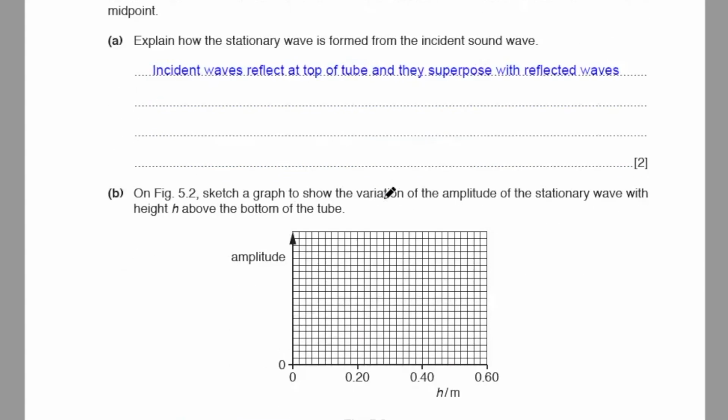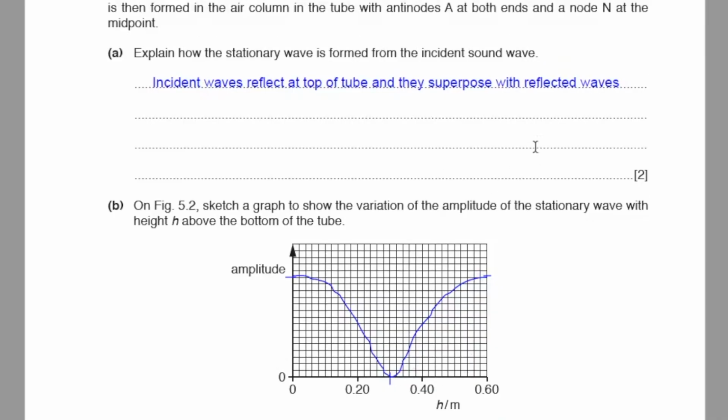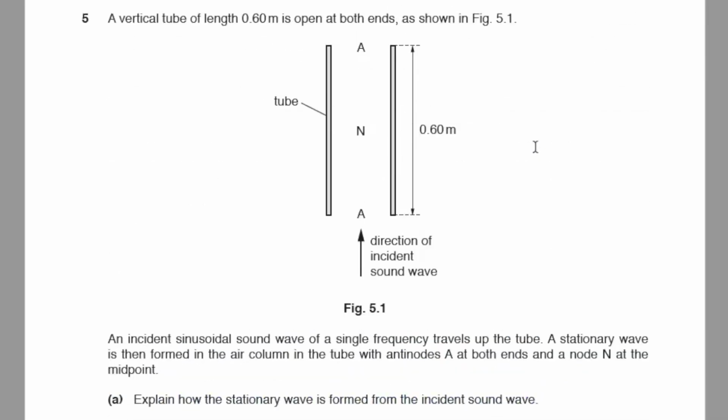So at both ends, h equals 0 and h equals 0.6 meters, there are going to be maximum points, and at h equals 0.3 there is going to be a minimum point. So this is going to somewhat look like this. The minimum should be at 0.3 because this is when a node forms, and a node forms when both these waves intersect with each other.